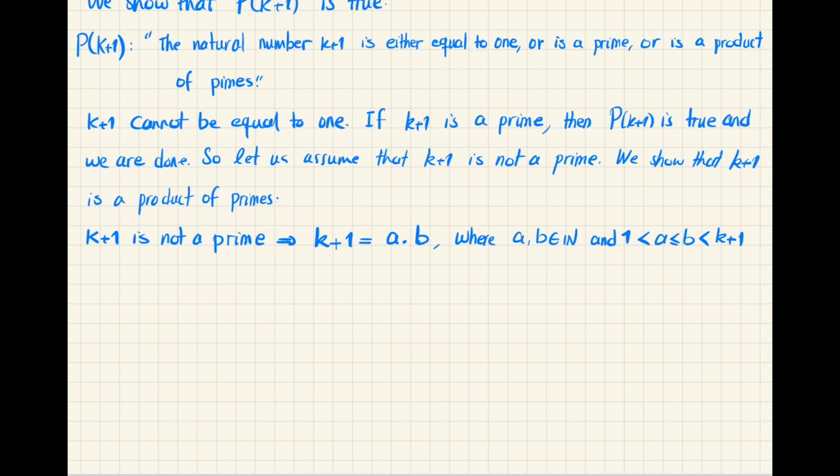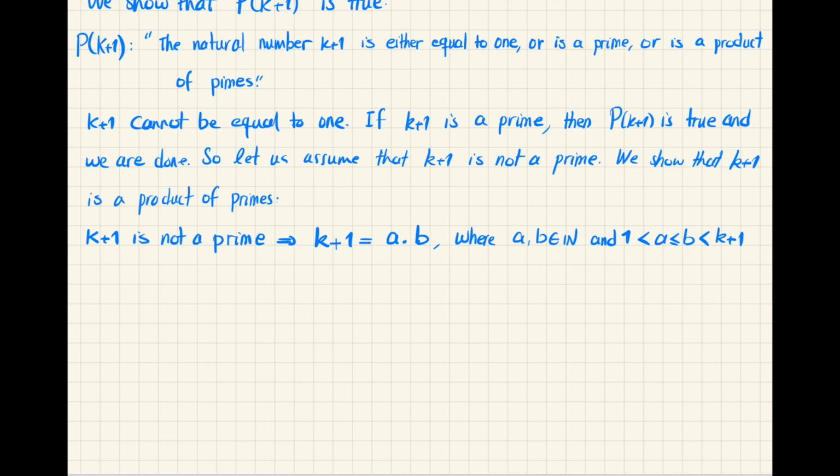So if you say that k plus 1 is not a prime number, and it is not equal to 1, evidently, it should be a composite number, so it can be written as a product, in which one of these factors is less than or equal to the other one, so I named the smaller one a and the bigger one b.